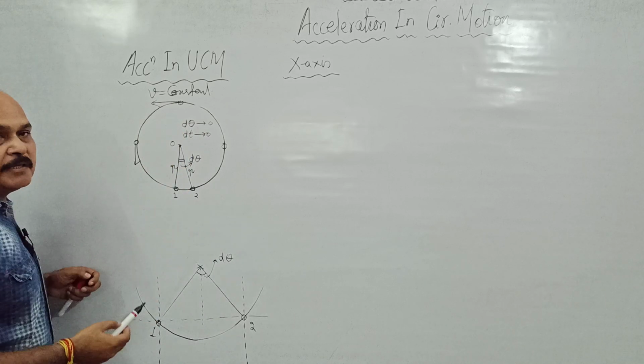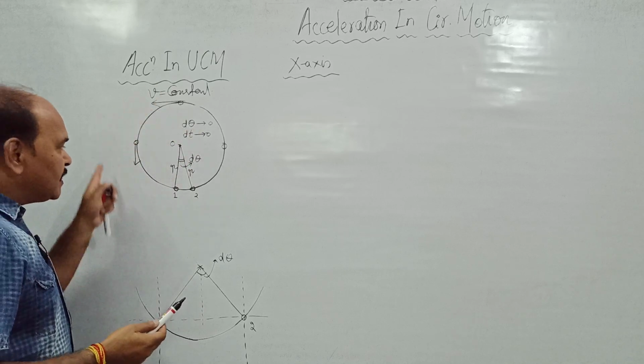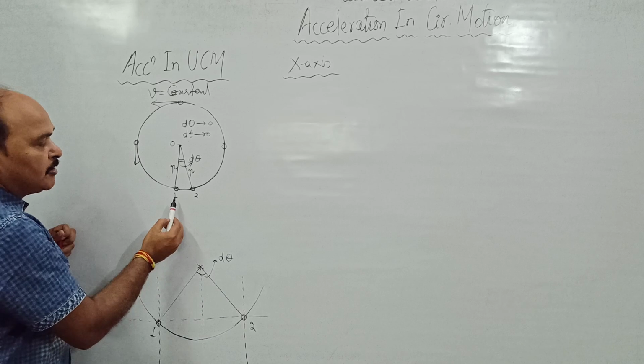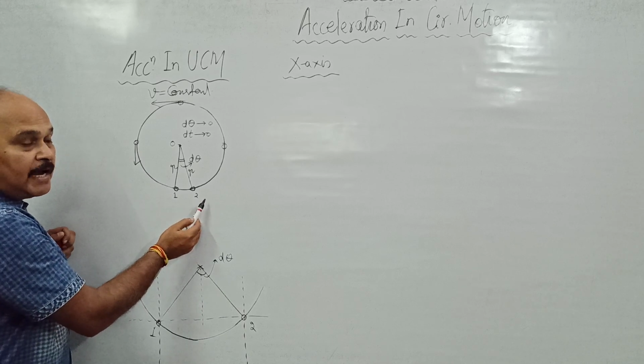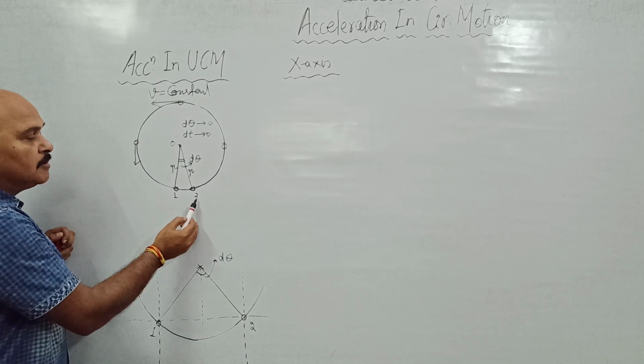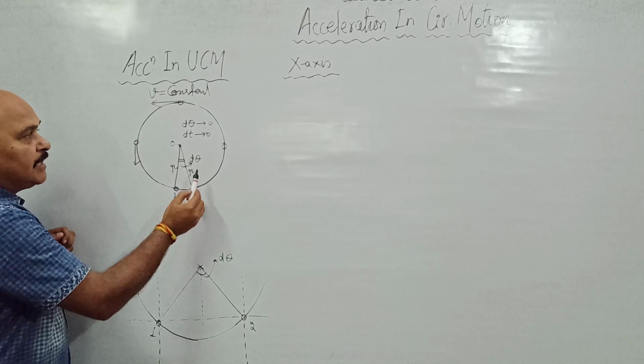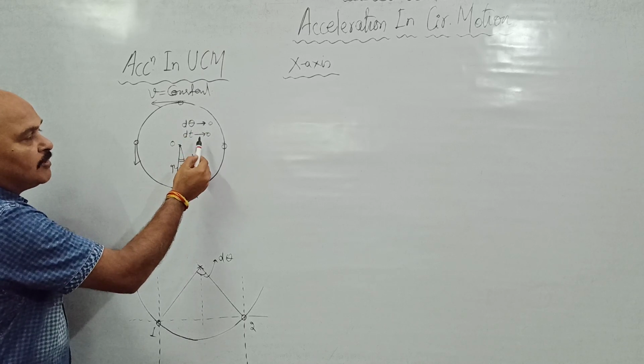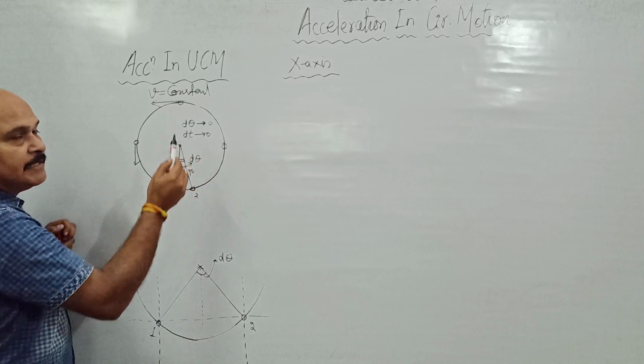Let us assume that this bob over its circular path moves from point 1 to 2. And as it moves from point 1 to 2, it covers an angular displacement of d theta, and that d theta is covered in very small time dt.